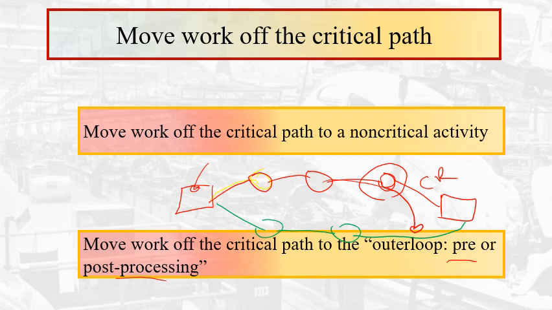Well, in that waiting time, you could do some of the activities which are important, which are on the critical path, before. In operations, we see this done a lot, where factories try to do some work offline, for example when the factory closes, maybe during midnight. If a machine takes a long time to do some form of operation, then you have that machine working overnight. So that's an example of moving work off to pre or post processing times.